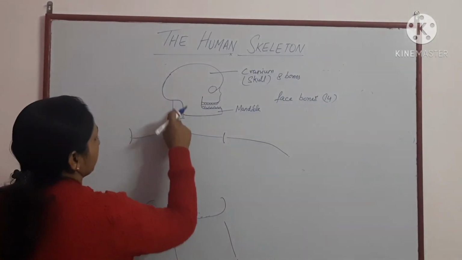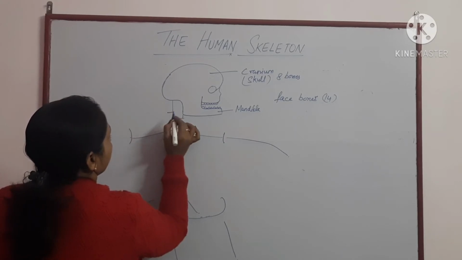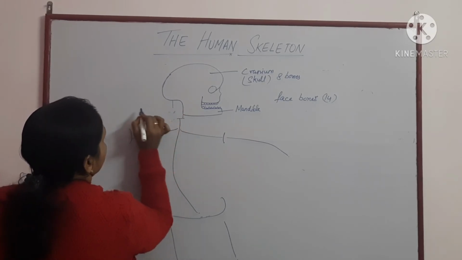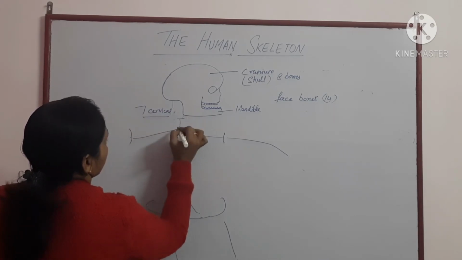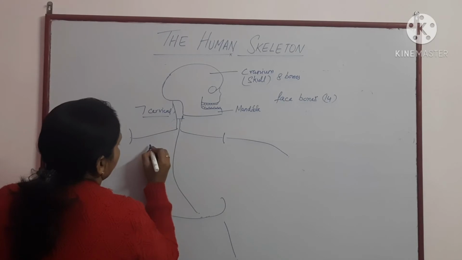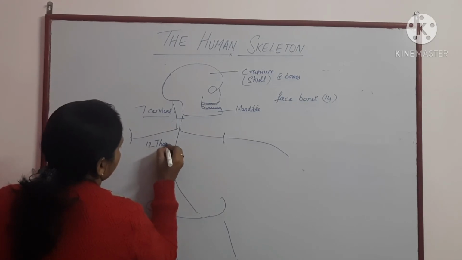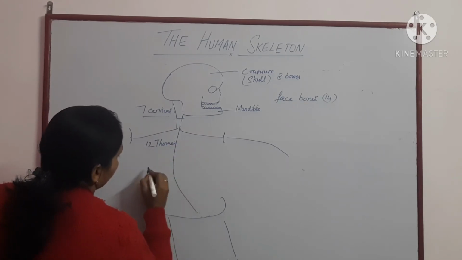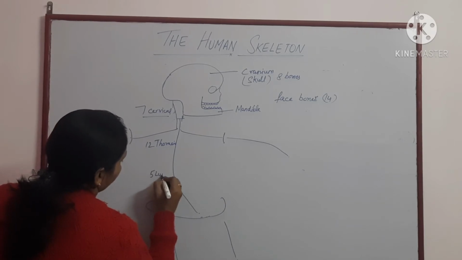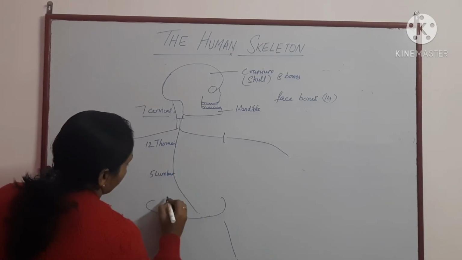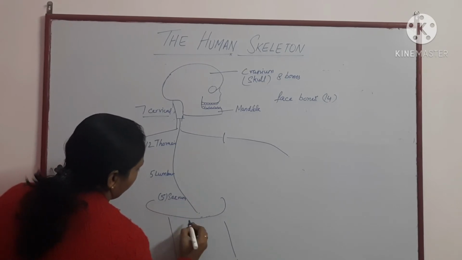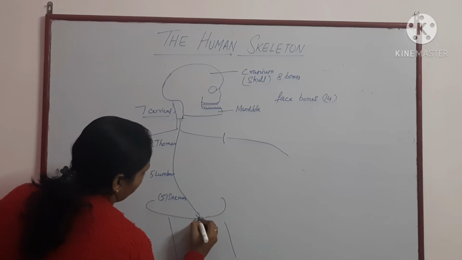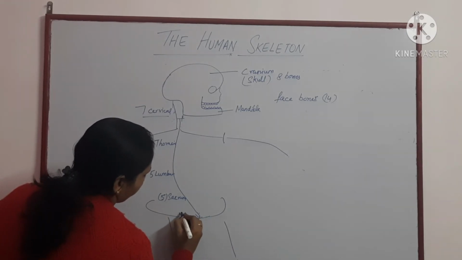Then this region, cervical, 7 cervical vertebrae, then 12 thoracic, then 5 lumbar, 5 fused sacrum, and 4 fused, this tailbone, the last one, 4 fused coccyx.